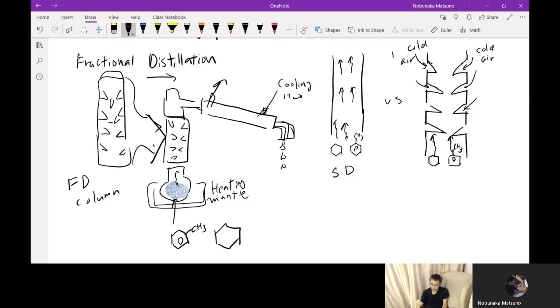Once it hits here, that's fine, and it goes back and gets continuously heated. So this goes up again and hits here, and this one goes up again and hits here. Now, this goes back down because it's cool, so it gets recondensed and goes down here. So it goes up and then goes down, and this goes up and this goes down.